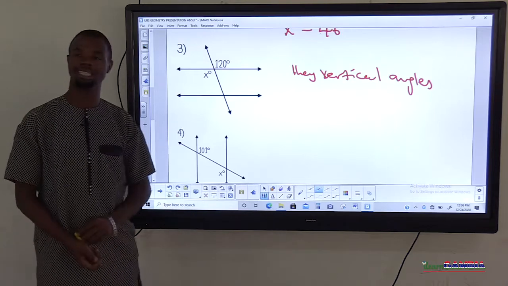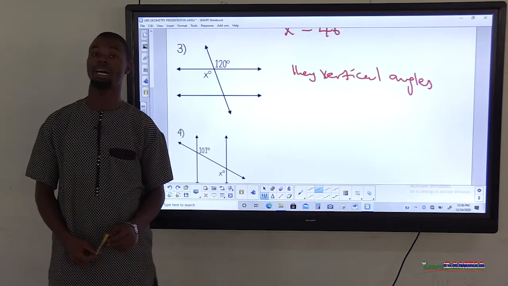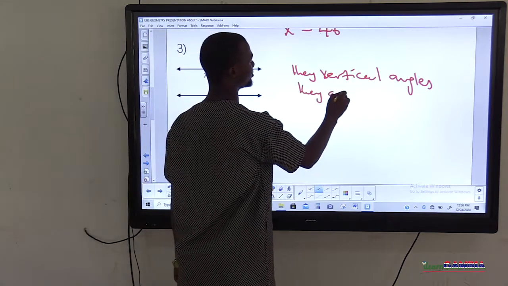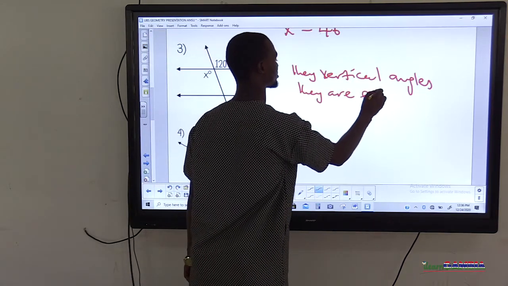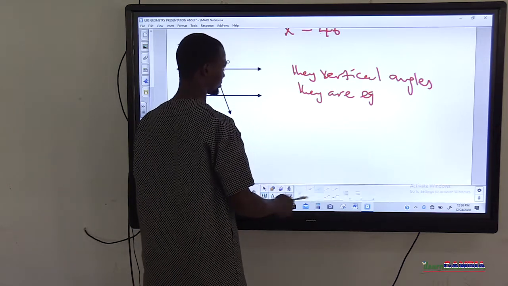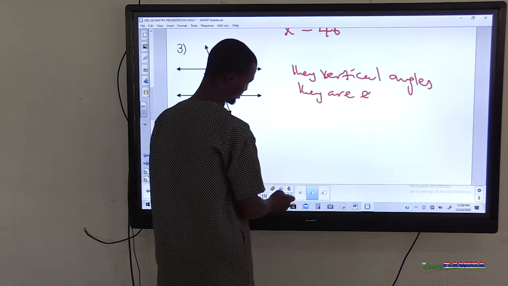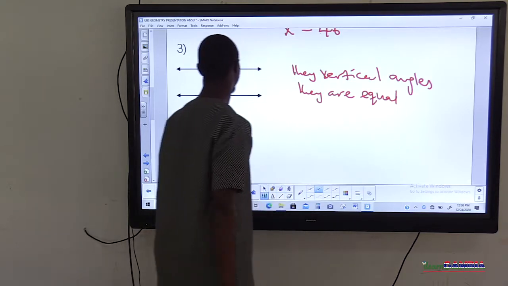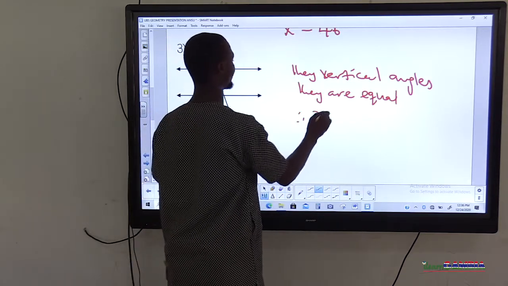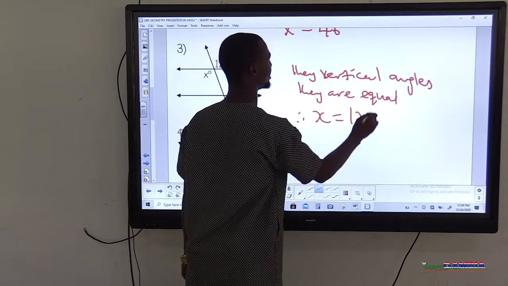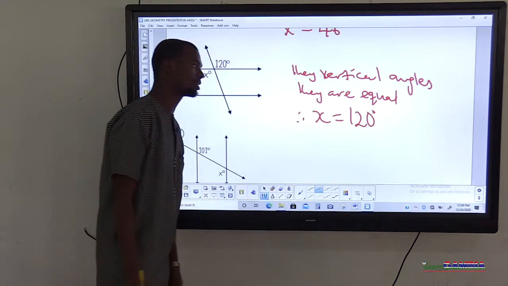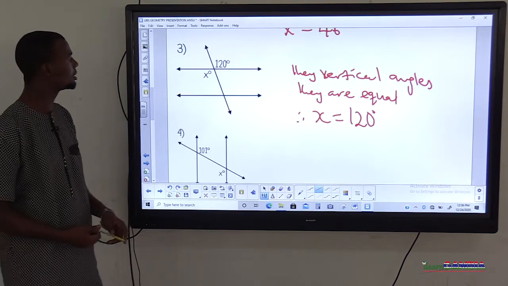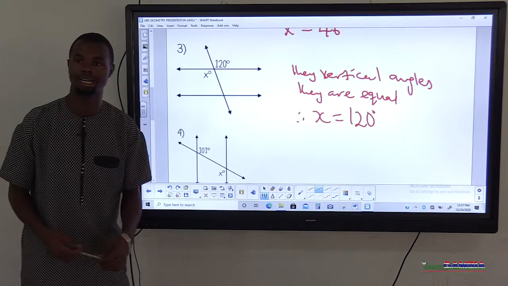What do we say about vertical angles? They are equal. Therefore, x is equal to 128 degrees because vertical angles are equal.